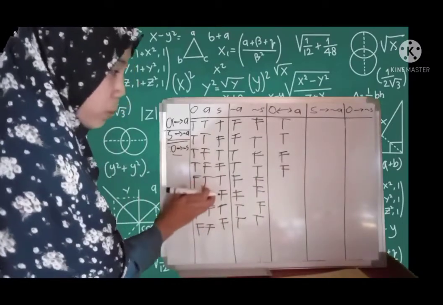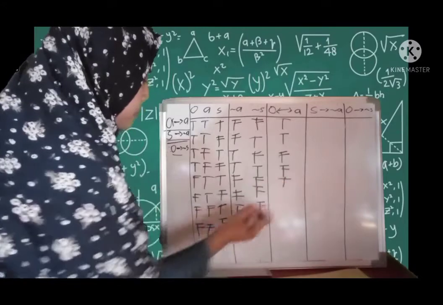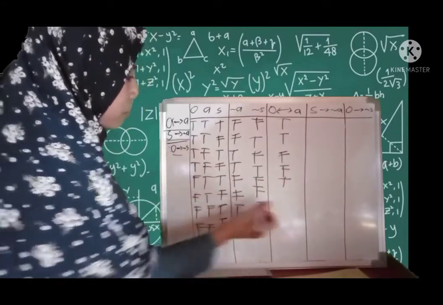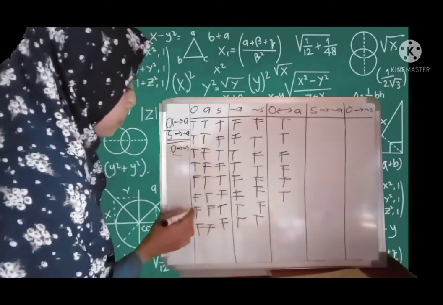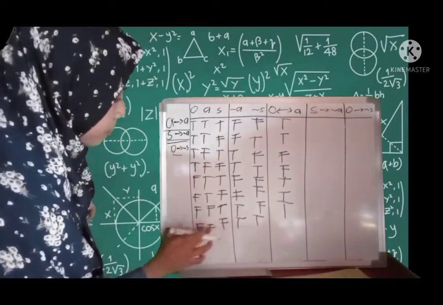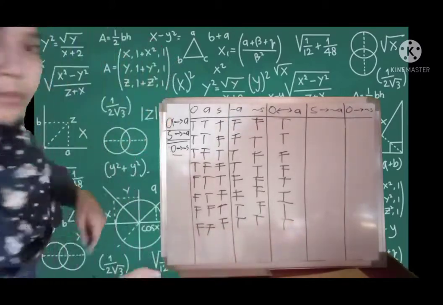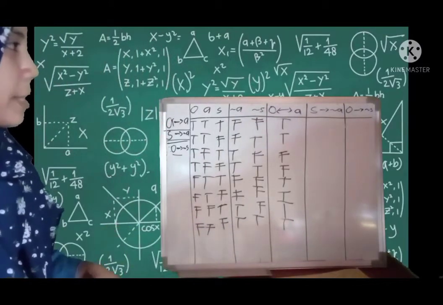Pag false and true, true ang ilagay natin dito. Sa false and true, true. False and false, true. And the last, false and false, true. Ganyan lang ang gagawin natin.